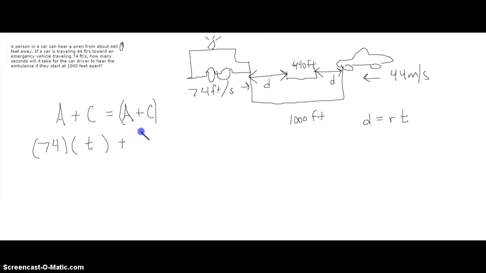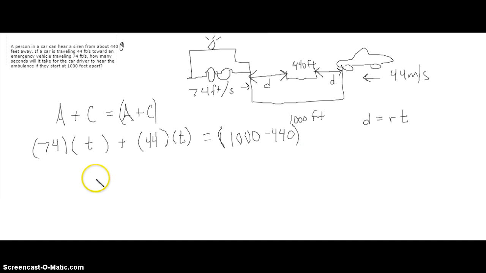The car's rate times time is going to be 44 times the same amount of time, because when they reach that distance of being 440 feet apart, that time is going to be the same. And then the distance that they combined travel, what we'll do is we'll take this 1,000 feet total that they traveled and take away that little 440 feet chunk, and what we're left with is actually 560. But I'll write it this way so you see what I'm talking about.